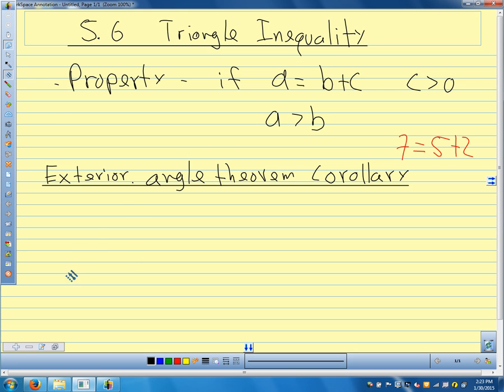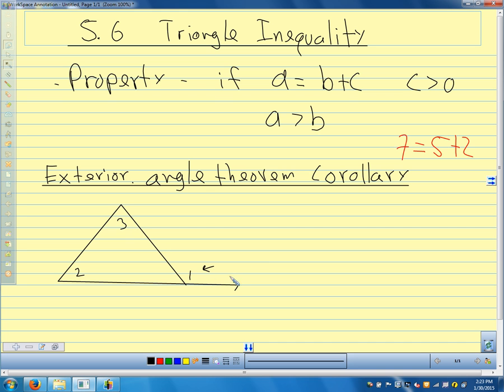Well, first let's remember what an exterior angle is. So we talked about this back when we talked about the triangle side. So I'm going to call that angle 1, angle 2, and angle 3. Angle 1 was the exterior angle.